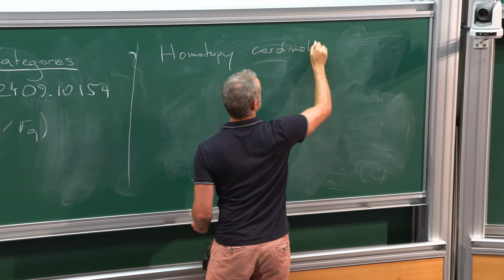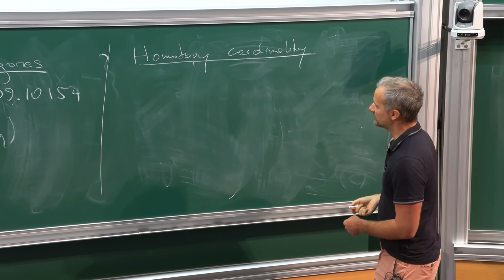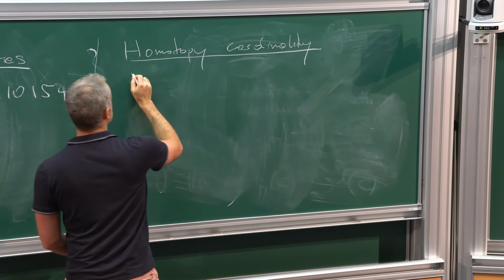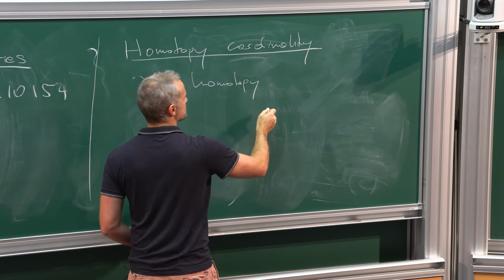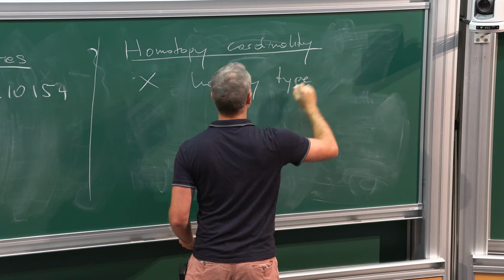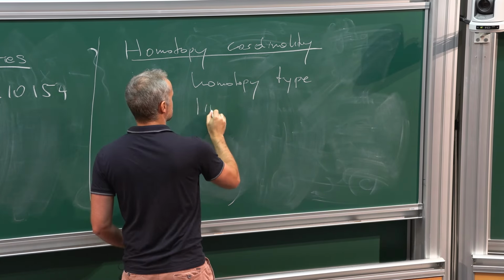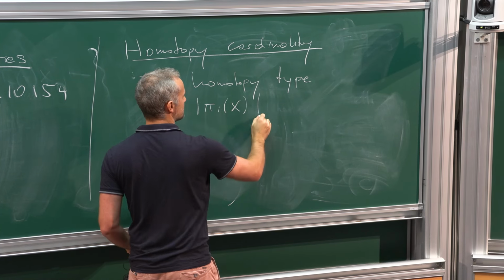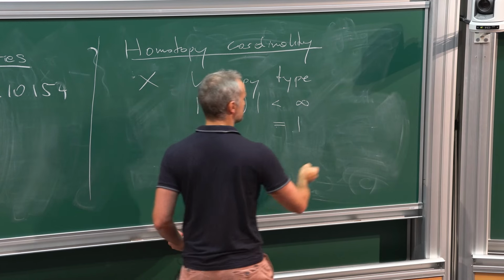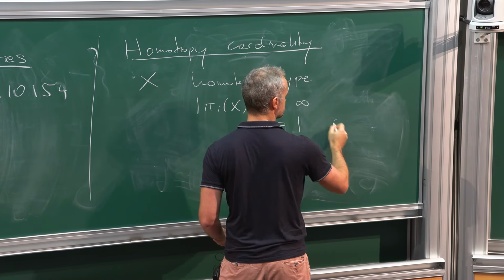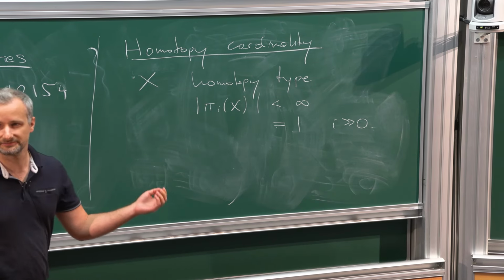So, if X is some homotopy type, and it should be very finite in that the homotopy groups are all finite and eventually trivial for i big enough, for example the classifying space of a finite group.